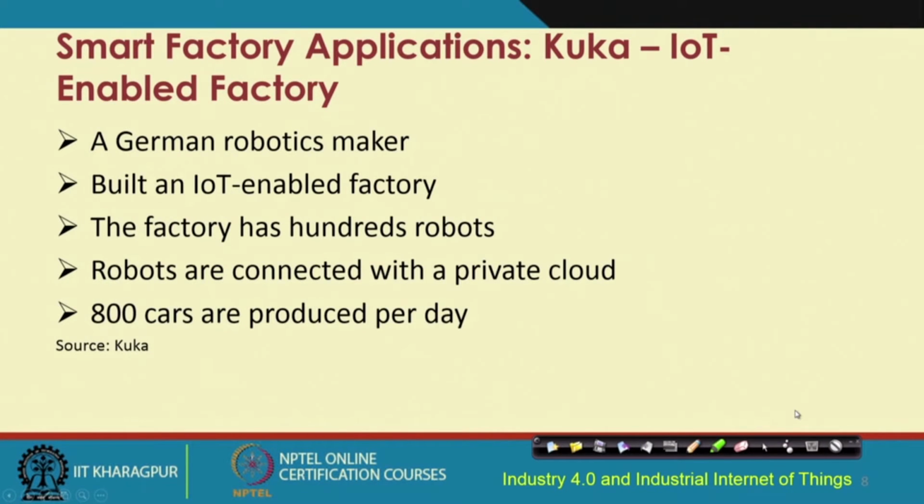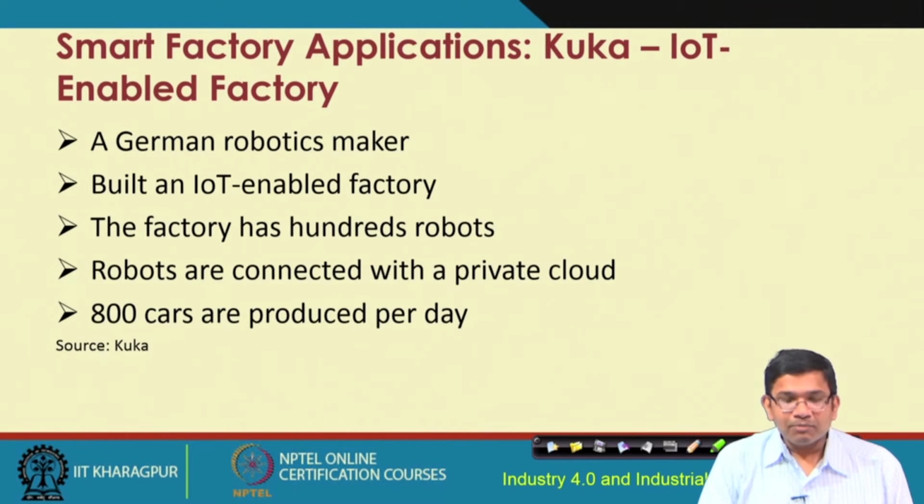Another company which is a German robotics maker, name is KUKA. They have their IoT enabled factory, which basically caters to having different robots, their manufacturing of the robots and their connectivity between them.